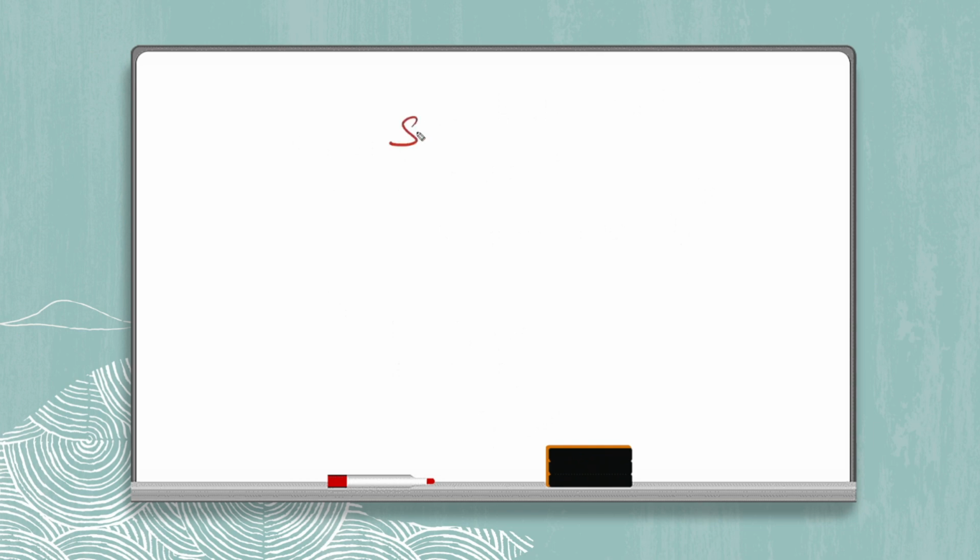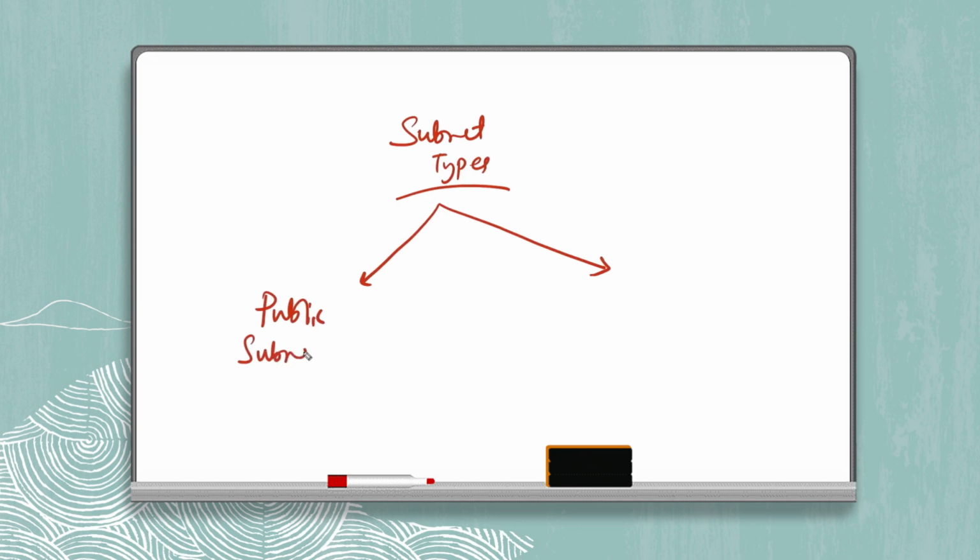And then we have the subnet types, because we have different types of workload. For example, we have the public subnet. We also have the concept of a private subnet.